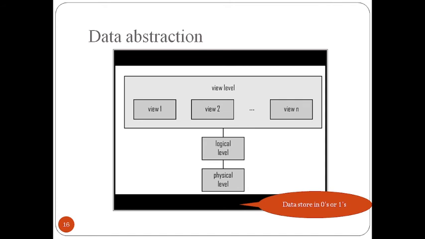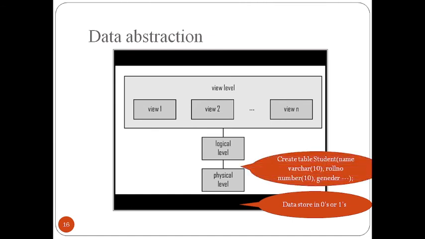We know all the data is stored in zeros and ones format at the physical level on the hard disk. Then which programming language or which method is used to convert your data into the physical level, or which programming language is used to store this data?